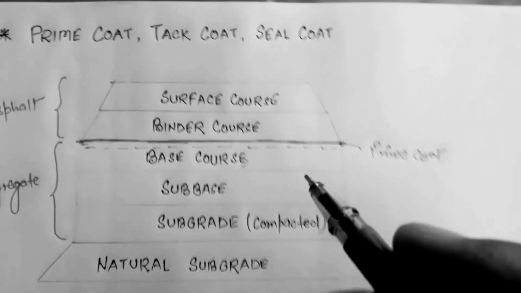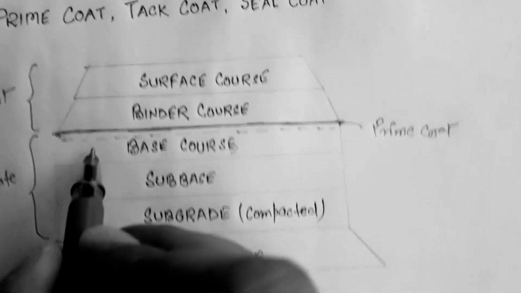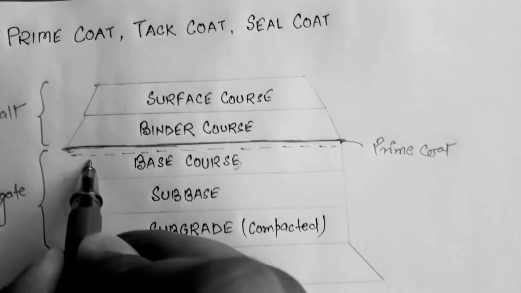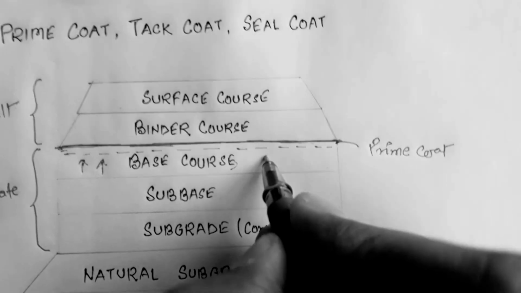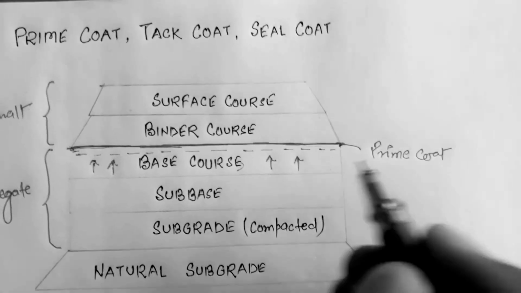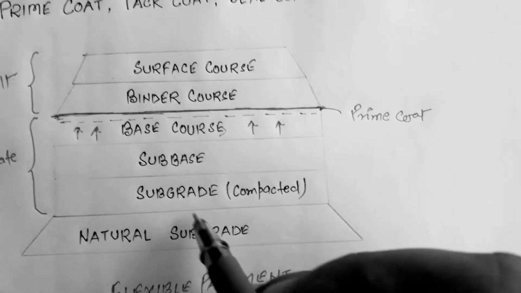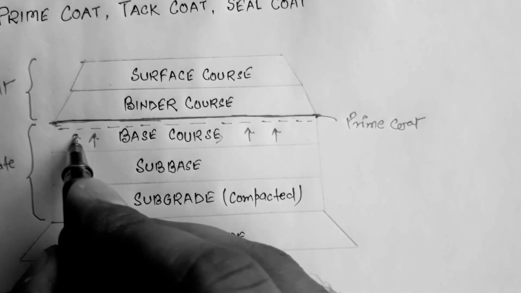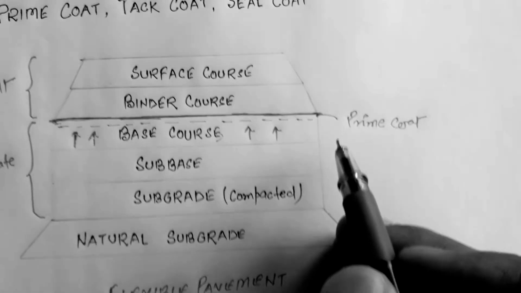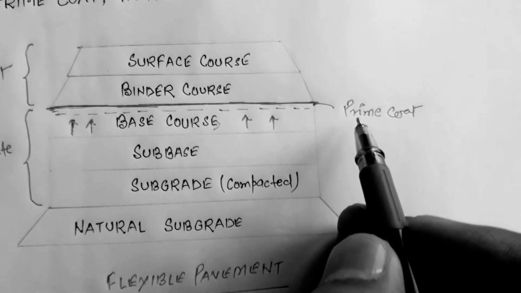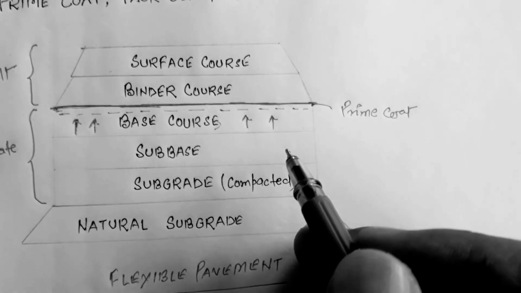And one more function is to prevent water erosion or moisture available in your base course or bottom layers from emitting upward when we use prime coat. So these are the main functions of a prime coat.